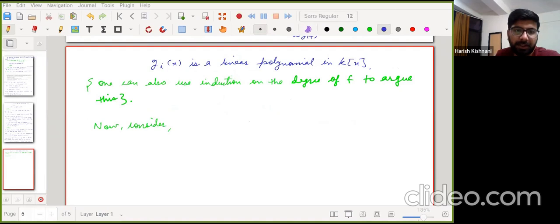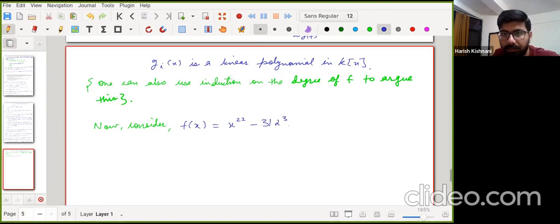Just replace alpha by x: x raised to 22 minus 31 x cube minus 24 x raised to 13, and then 7.